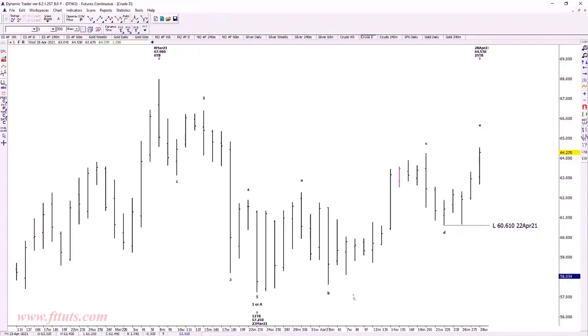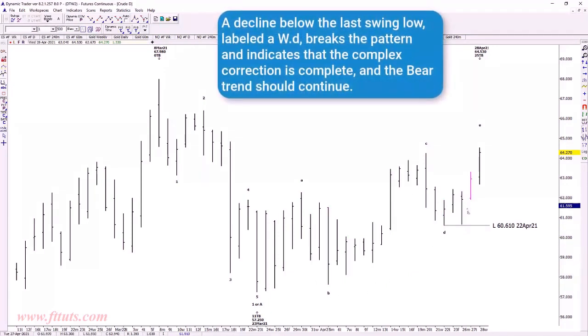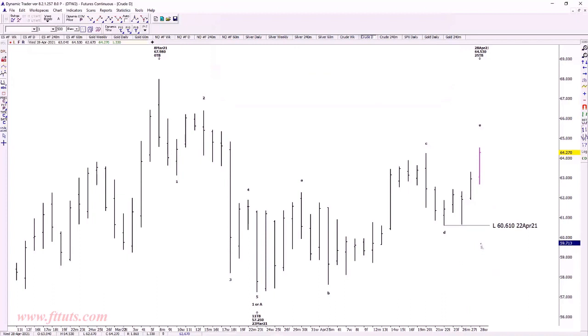But once we take out the last swing low in this 5-wave ABCDE correction, it would indicate that the correction is complete, and the trend prior to the correction, which was a bear trend, should continue to a new extreme, to below the March low. So even that's a really valuable piece of information.